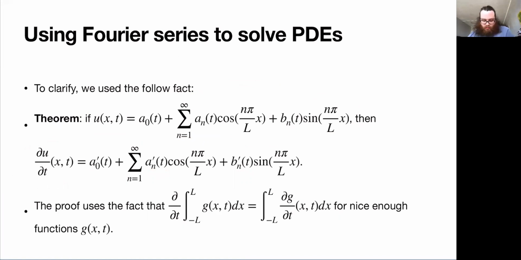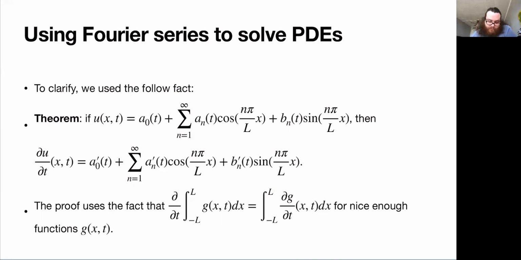In general, if you have a nice enough function g of x and t, with two variables, the claim is that if you take the time derivative of the integral from negative L to L of g with respect to x, then you can move the time derivative inside and get the integral from negative L to L of the time derivative of g, integrated with respect to x.